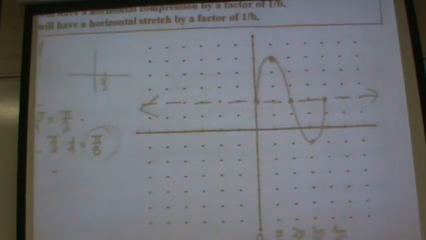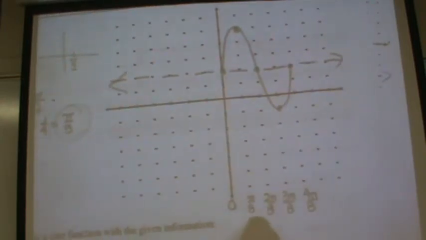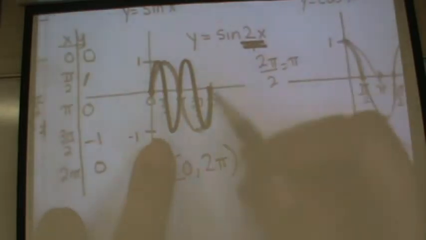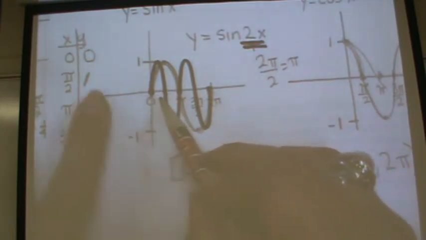full period. Now, I understand it looks just like the other graphs, but by you naming this x-axis, you're telling me that it's completing the cycle by the time you reach pi over 2. If you were to put this graph on here, you would see that it went from 0 to pi over 2, but we wouldn't be able to read it.